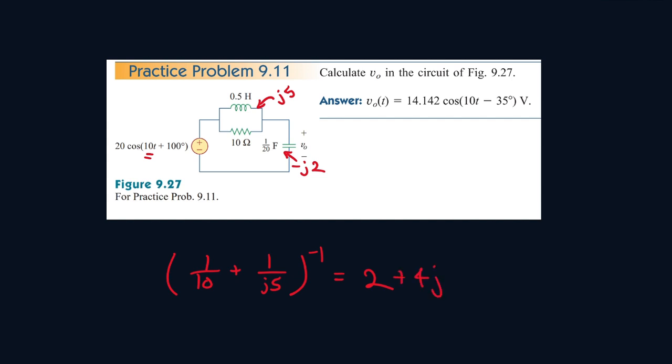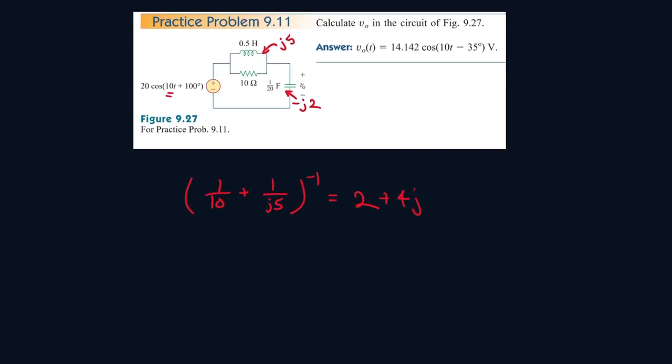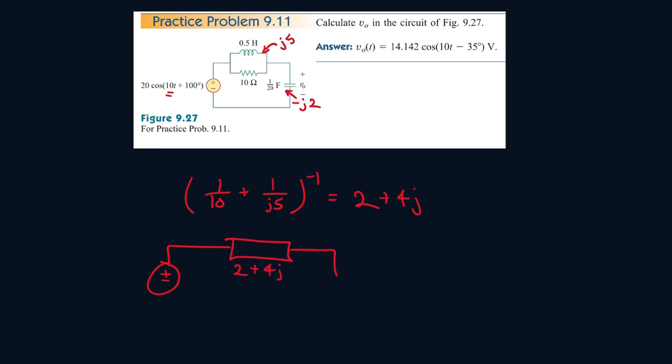So we can rewrite this circuit like the following: 2 plus 4J, and then we have our capacitor, which has an impedance value of minus 2J.